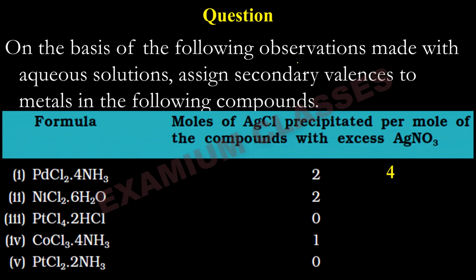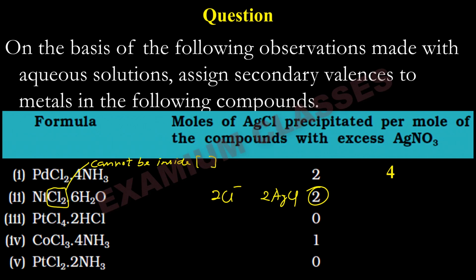Now here again 2 moles of AgCl got precipitated. So 2 moles of AgCl means you should get 2Cl minus ionized, so that 2Ag plus will get reacted. So it means here all these Cl2 are ionized. These cannot be inside the brackets, the coordination sphere.